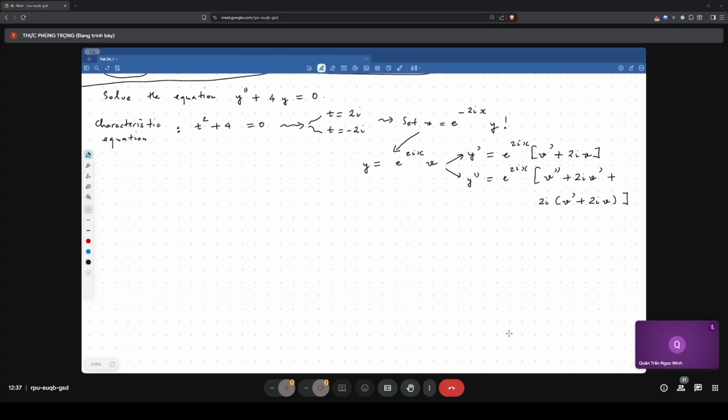And then you get 2i times v prime plus 2i times 2i v. Now 2i plus 2i is 4i, and 2i times 2i is minus 4. So we get the second derivative. You see the second derivative.